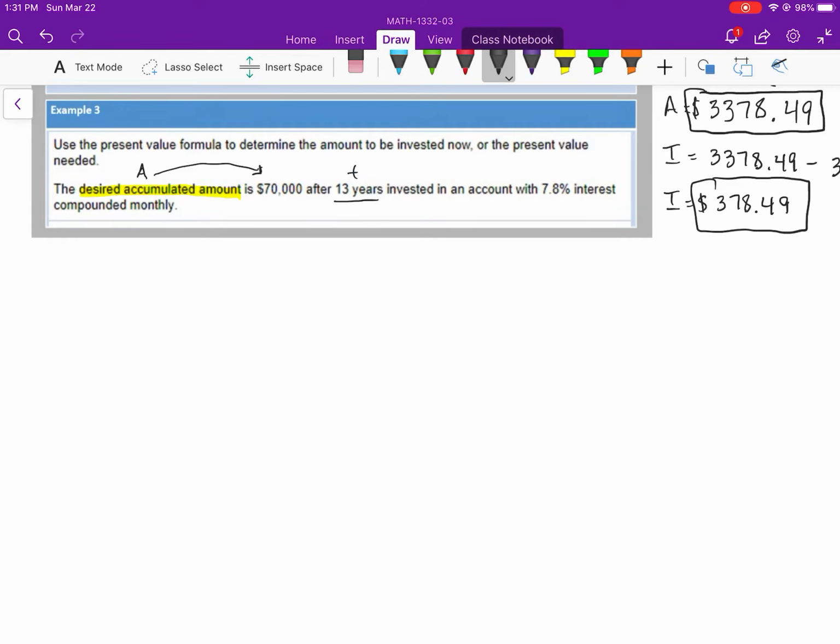Well, in this one, we know what A is, okay? We also know what time is, 13 years. Okay? Invested in an account, 7.8%, that's my rate. And this time it's compounded monthly. So that means N equals 12. All right, so we're using the same exact formula. A equals P times 1 plus R over N taken to the N times T power, okay?